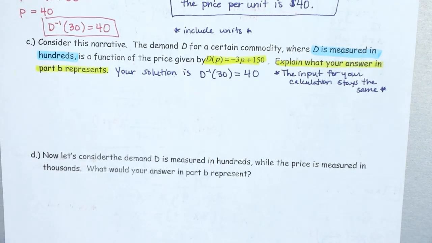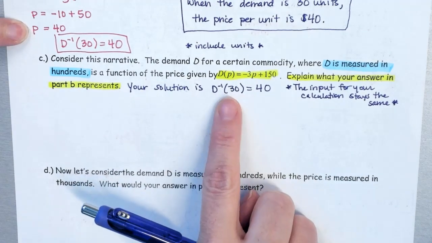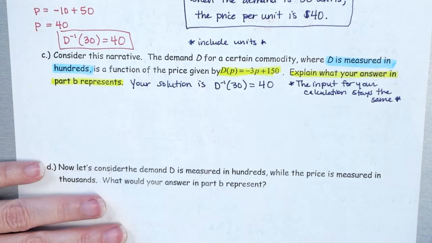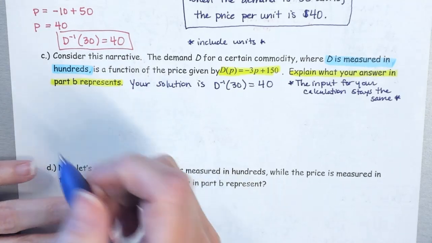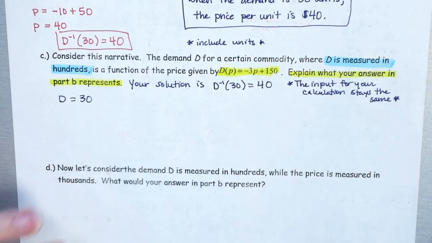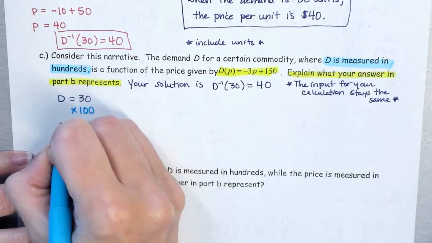Okay, now remember how P was the 40? So that means the D value is what? What's the D value? If the P is 40, what's the D? Okay, so if it's 30, but it's measured in hundreds, 300. You just have to multiply it by 100.